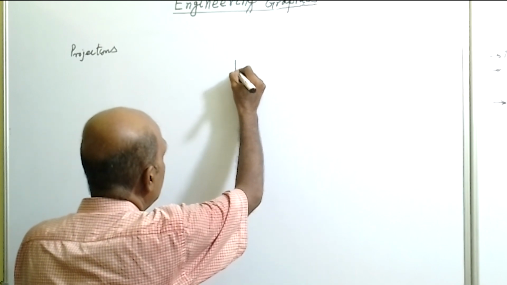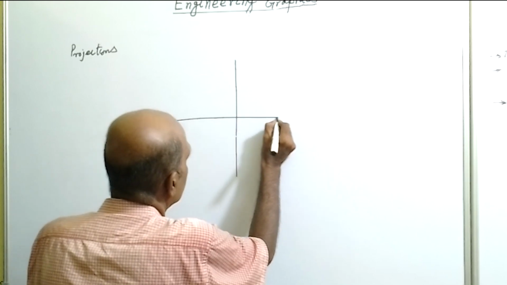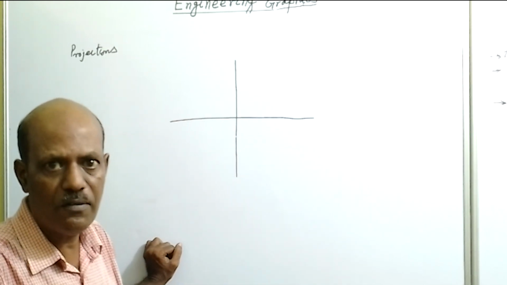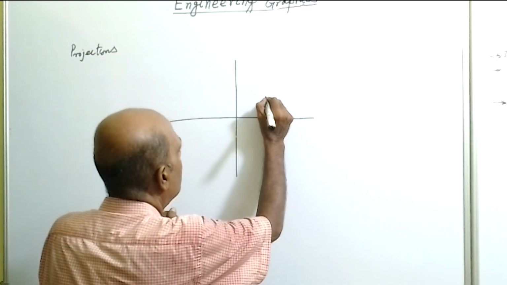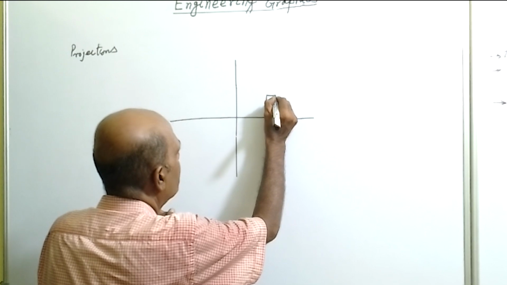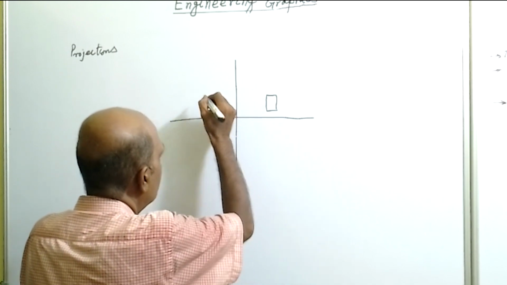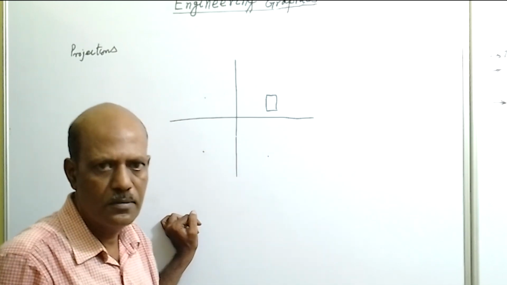Drawing the different views of the components or parts is called projection. So in the two-dimensional view, say an object may be placed in the first quadrant, in the second quadrant, in the third quadrant, or in the fourth quadrant.